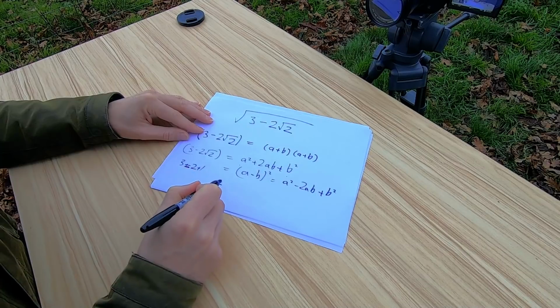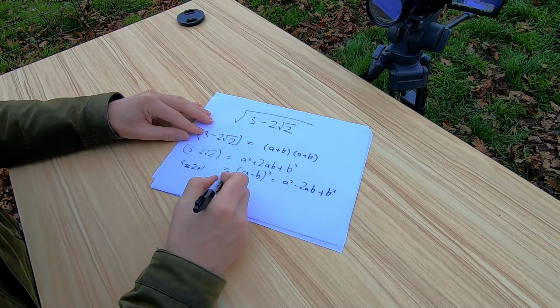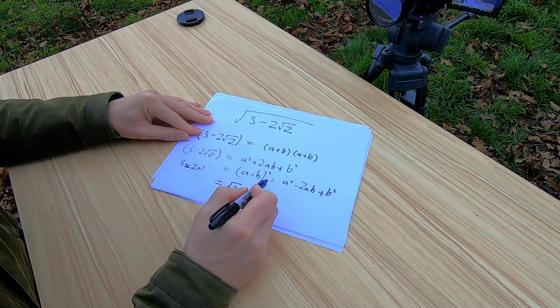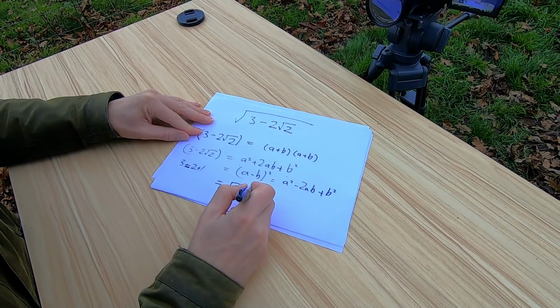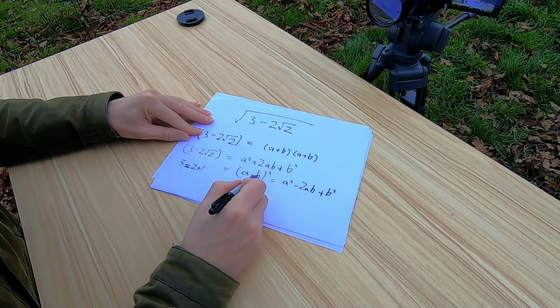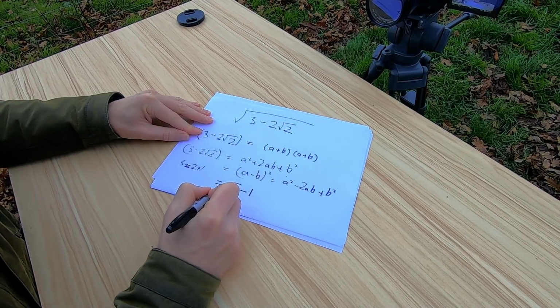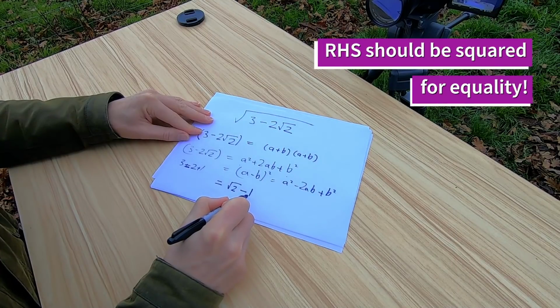So by inspection, we can see that a is equal to root 2, if we're looking at this here, and then b is equal to 1, if we've got minus b. And so the answer comes out as root 2 minus 1.